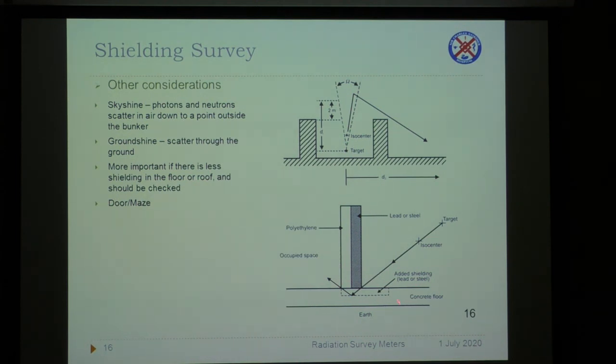In most designs they might have added shielding here, but you should measure that just in case they don't. And then the door and maze is another thing you should measure. You'll get more neutrons coming through the door or maze than you would coming through the concrete barrier, because concrete is very good at absorbing neutrons.